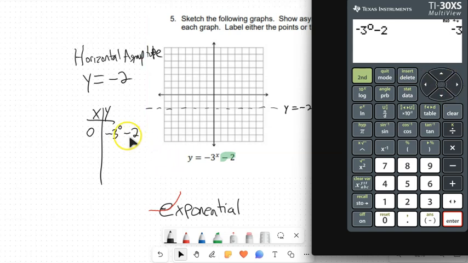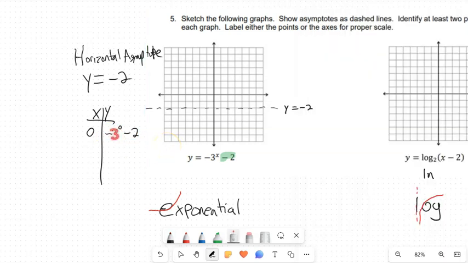What's important about the power of 0 is what the base is. This is the base exponent pair. 3 to the 0 is 1. So that's 1 minus 2, which is -1. So the point is 0, -1. That point is well established.